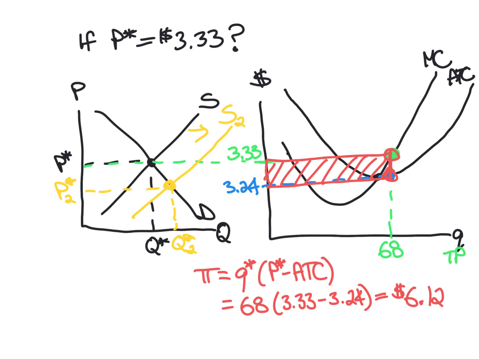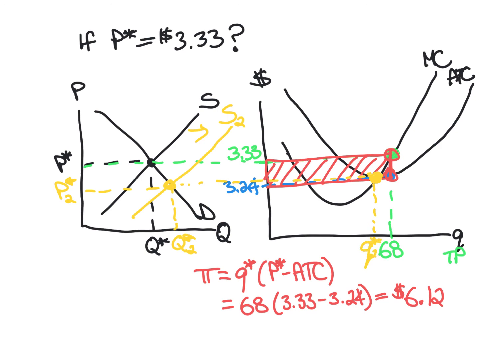And as this market price falls from P star to something lower, P star 2, that's going to mean that the profit maximizing level of output for our producer is now going to be where this new price hits the marginal cost, let's say right around there, at a lower level of production. We'll call it Q star 2.